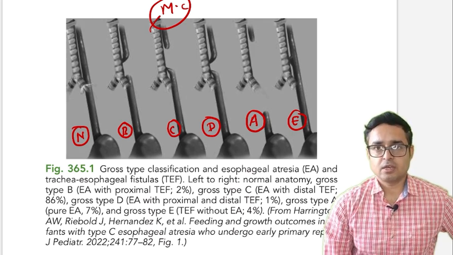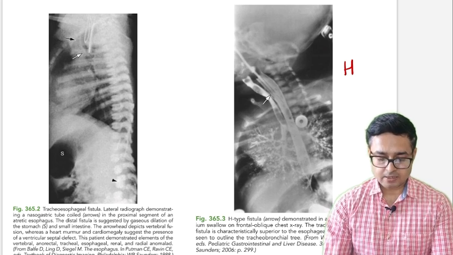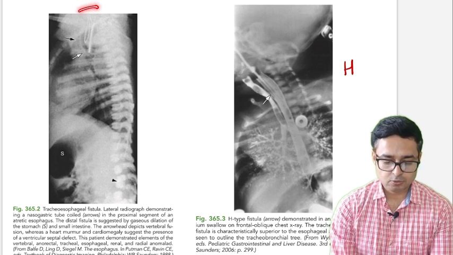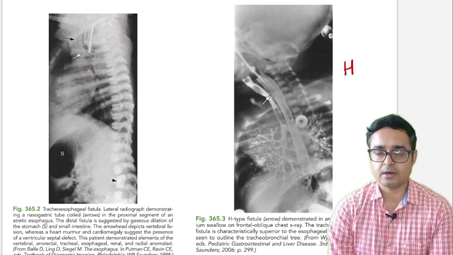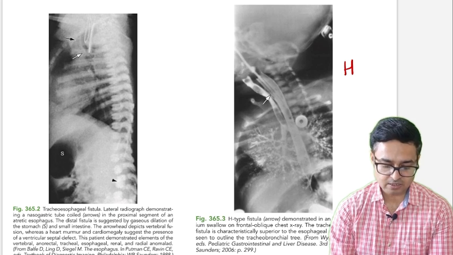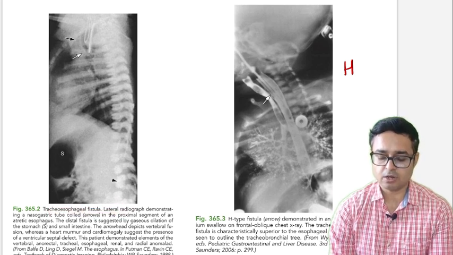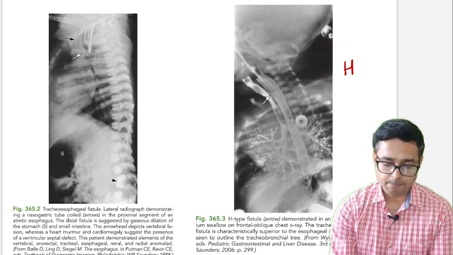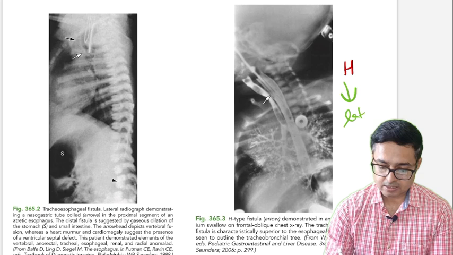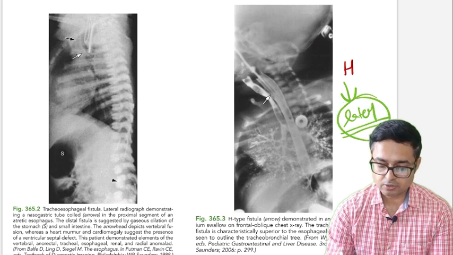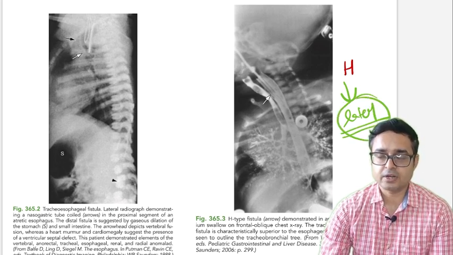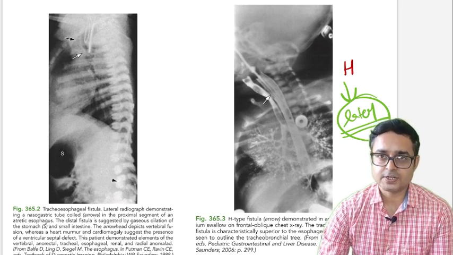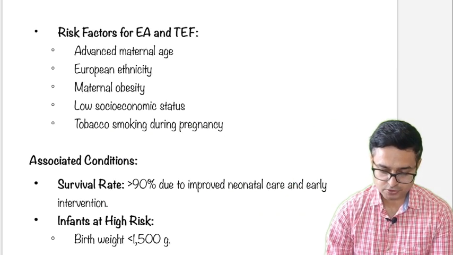Next, as you can see with tracheoesophageal fistula, when one tries to pass an NG tube, it does not pass and gets coiled in the esophagus. H-type fistula presents later, in adolescence or adulthood, with recurrent pneumonia. This is pathognomonic of H-type fistula. We can see it in this lateral X-ray. This is H-type fistula.